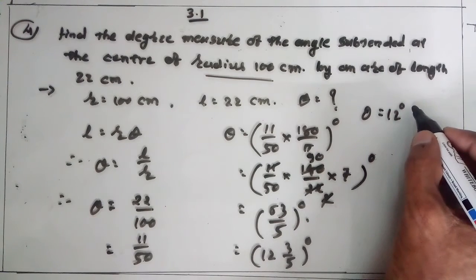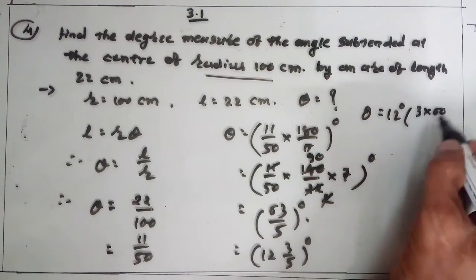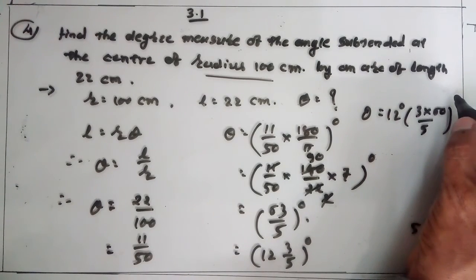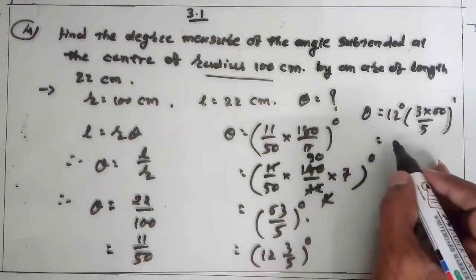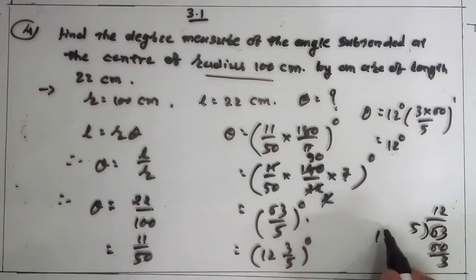Change this degree into minute form. Multiply by 60 and change into minute form. So it is equal to 12 degree. Here 6 3s are 18, that is 180 divided by 5.